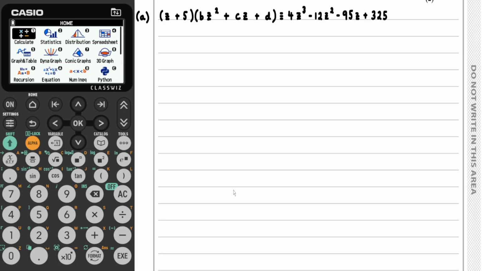For us to determine what b, c and d are, we can compare coefficients.